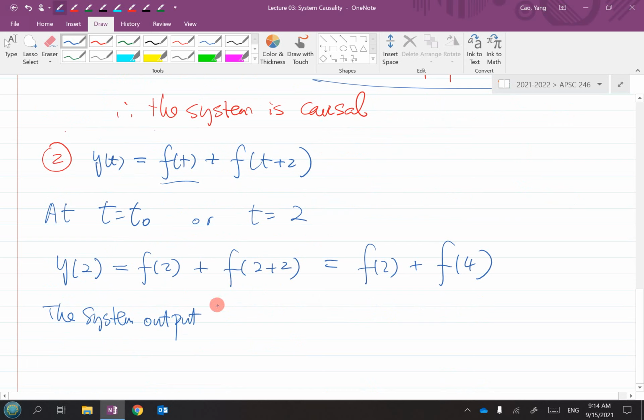So the system output at t equal to 2 depends on what? You look on the right side. It depends on the values, and not just one value, all right? You have 2 values here. So it depends on the values of input.